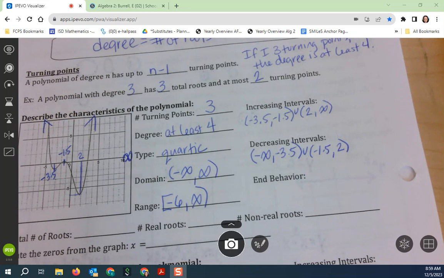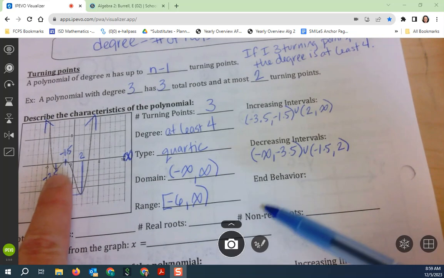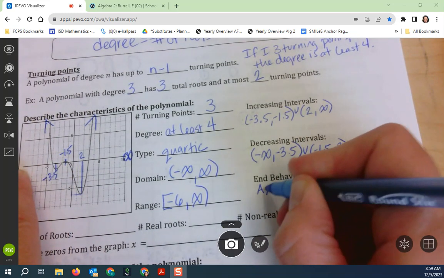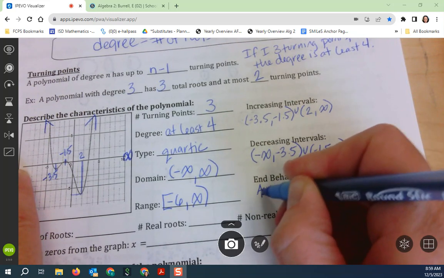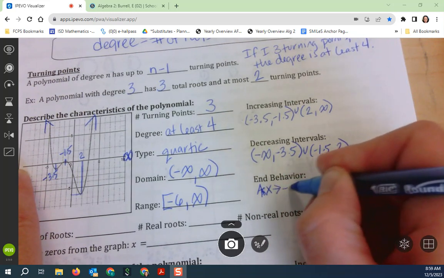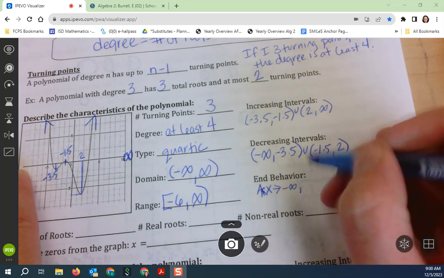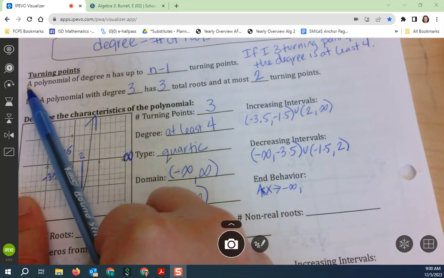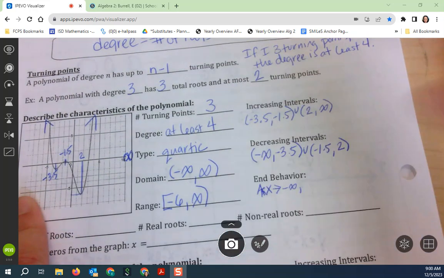End behavior. It's been a while since we've done end behavior, but we did this with quadratic functions. So we talk about as x goes to negative infinity. As x goes to negative infinity, y goes to what? Infinity.